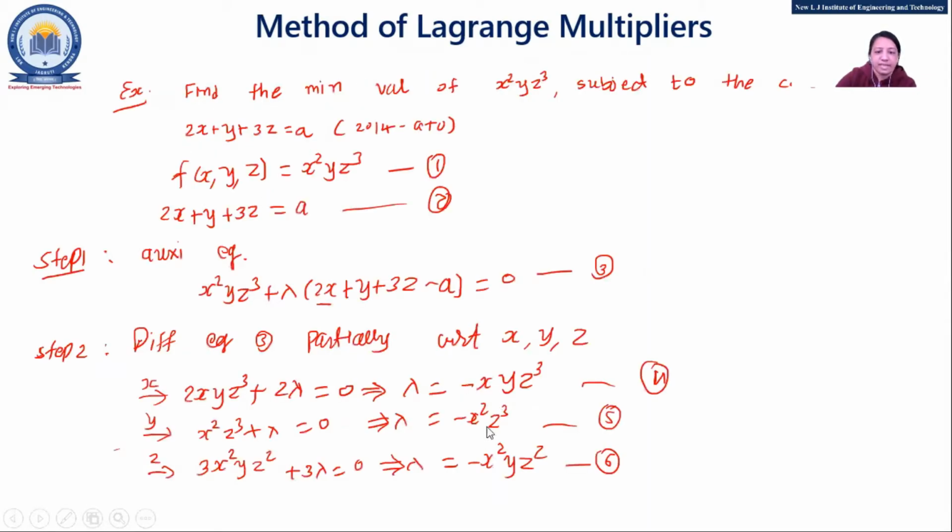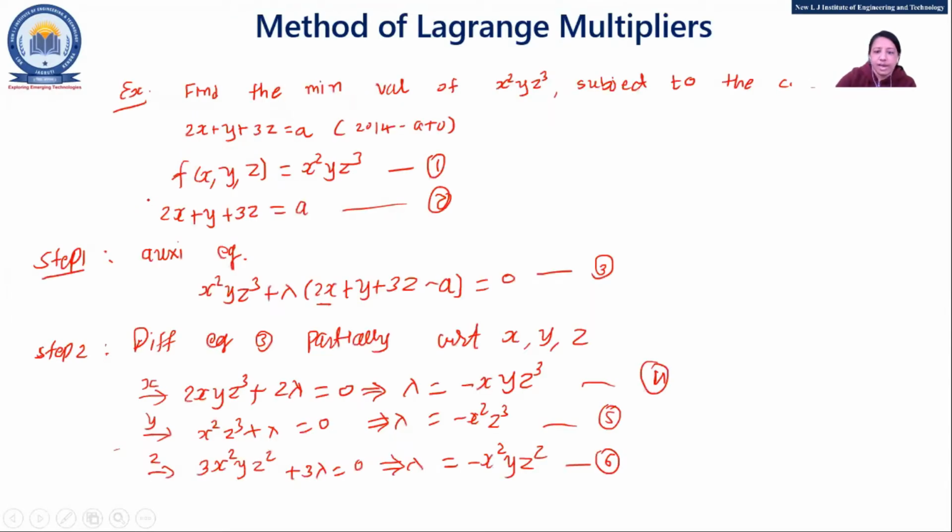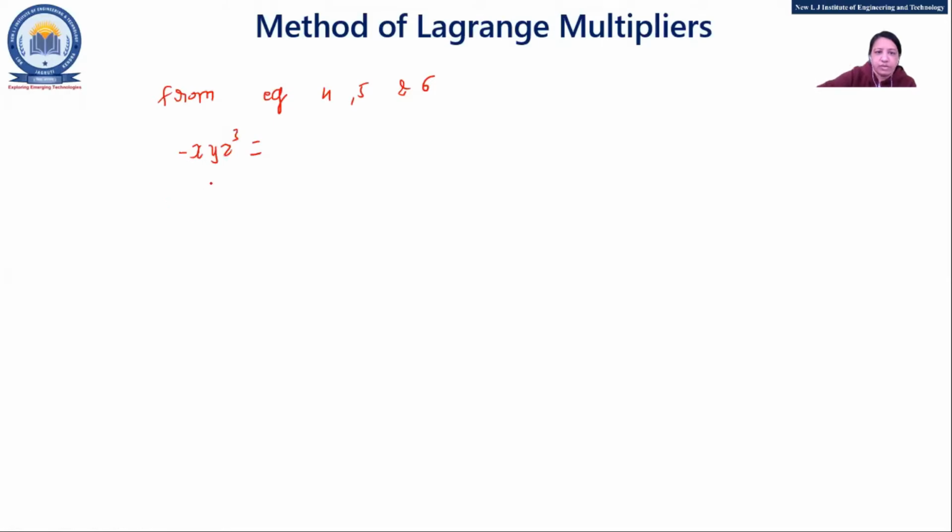So I'll write: minus x y z cube equal to minus x square z cube equal to minus x square y z square. See, all are minus, so all minus will be cancelled out.